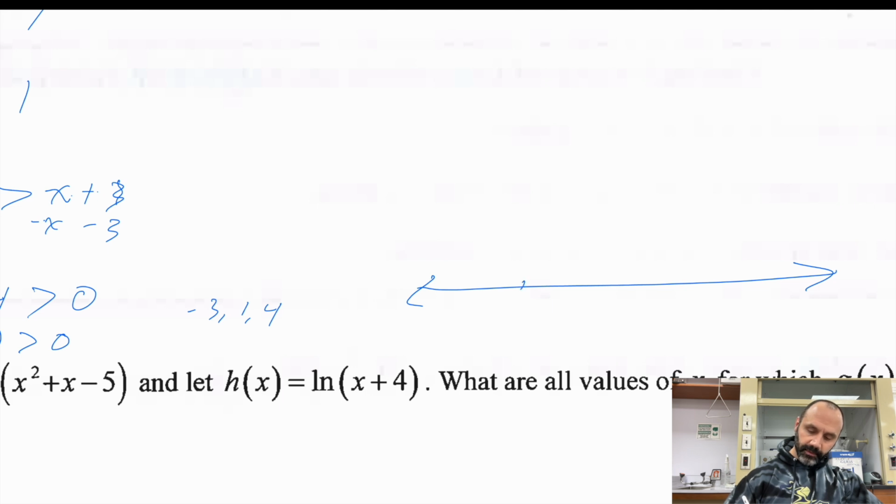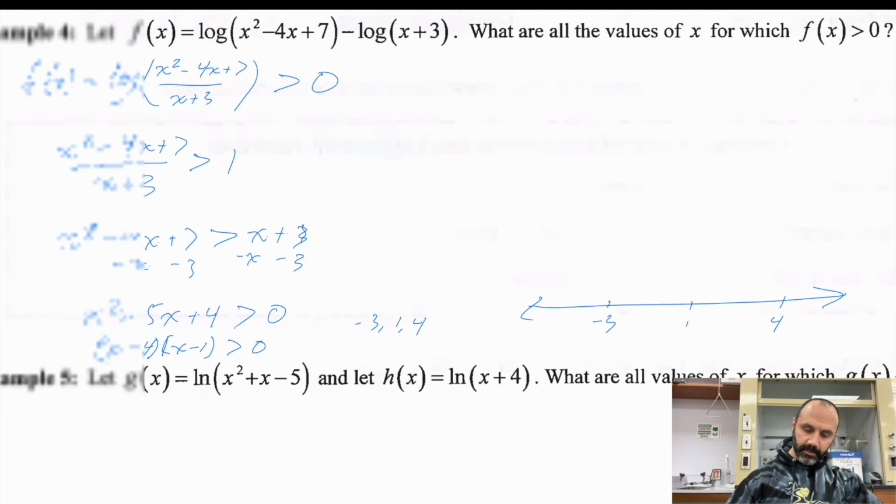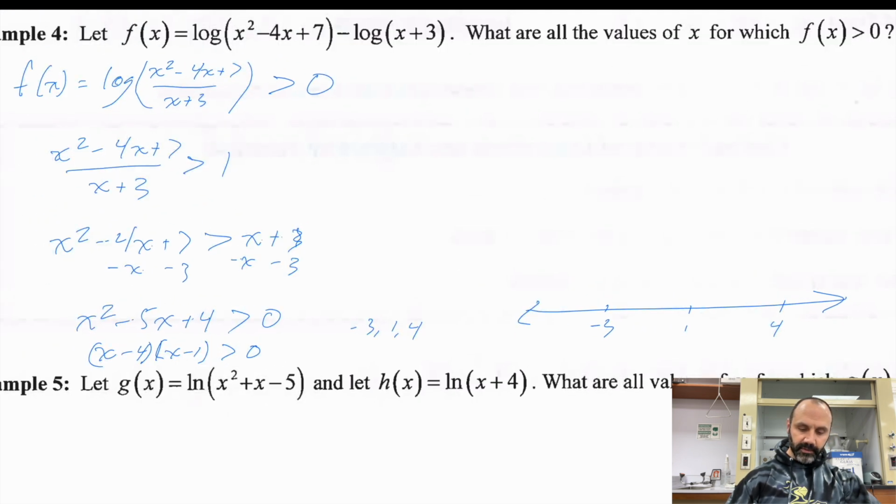Okay, so I'm going to have negative 3, 1, and 4. So we're going to plug in some number less than negative 3, something like negative 4. When we plug negative 4 into this, what I end up with is a negative number. So negative. And then anything bigger than negative 3, this ends up being just positive 1.